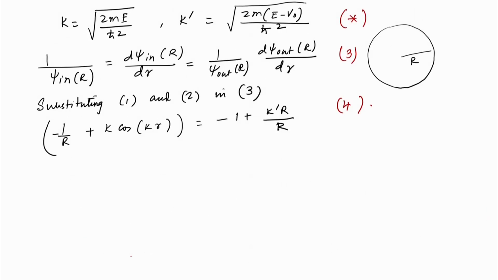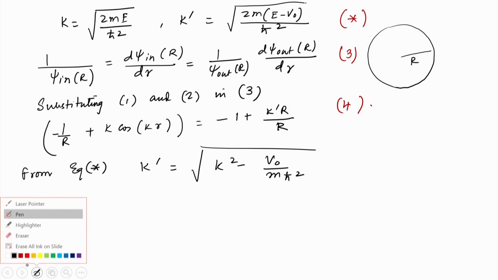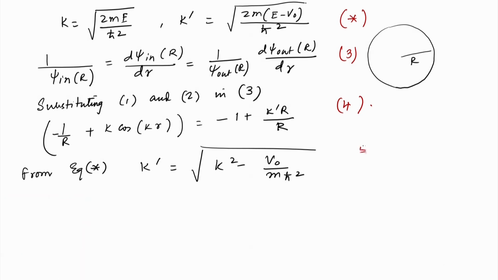So, from equation star we get a relation between k and k prime, which gives k prime equal to the square root of k square minus V0 m over h cross square. Now call this equation 5 for our reference, and also put 5 in 4.